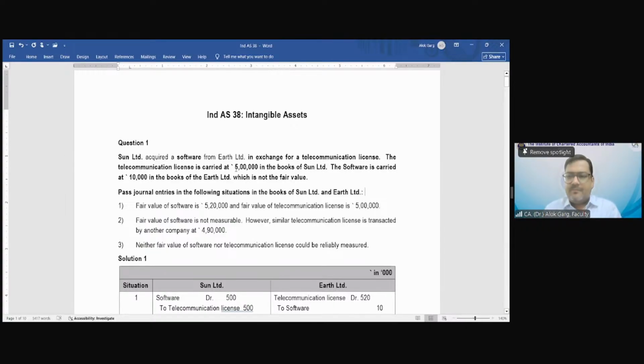Whenever there is an exchange of asset, at what value does the acquired asset have to be measured? The fair value of the asset given up. Why does the fair value of the asset given up get priority?